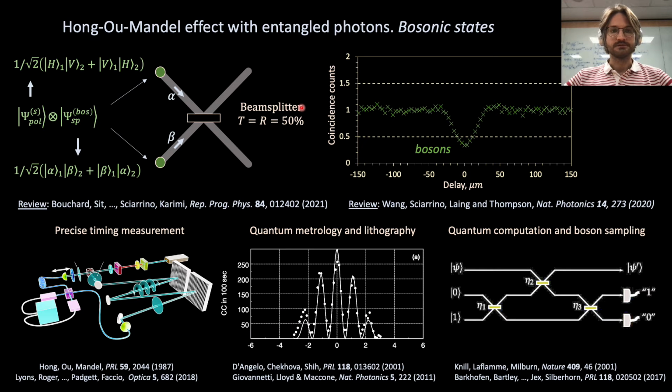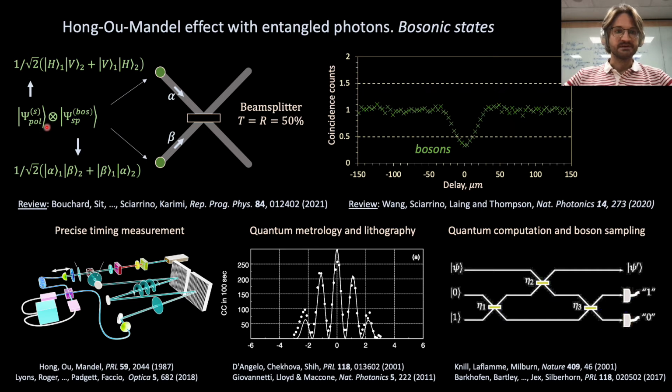Photons are bosons, but entangled photons allow us to implement both bosonic and fermionic types of interference. On this figure, we have two photons, which occupy two optical modes, alpha and beta. The total wave function of the photons contains two components.